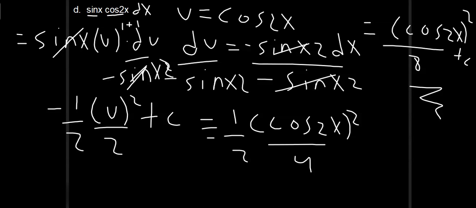If I chose sine x, I couldn't get rid of this cos, so I don't want to choose the sine x. I want to choose the cos 2x. That's the way you choose it. So the first step is choose one of the things that can help you simplify, then find the value of dx, and then simplify the whole thing, and you're gonna get the answer.